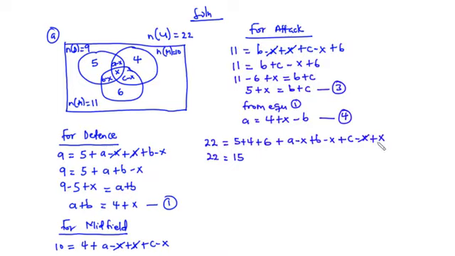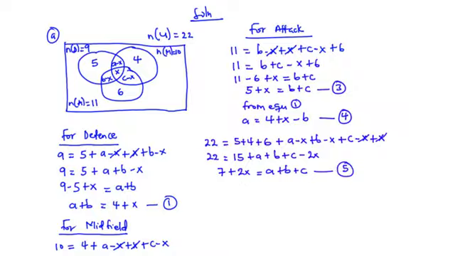Negative X cancels out positive X. So we are left with A plus B plus C, and then negative X minus X is negative 2X. Now let's transpose 15 and negative 2X to the left hand side. Now 22 minus 15 is 7, and then negative 2X becomes plus 2X equals A plus B plus C. Let's call this equation 5.